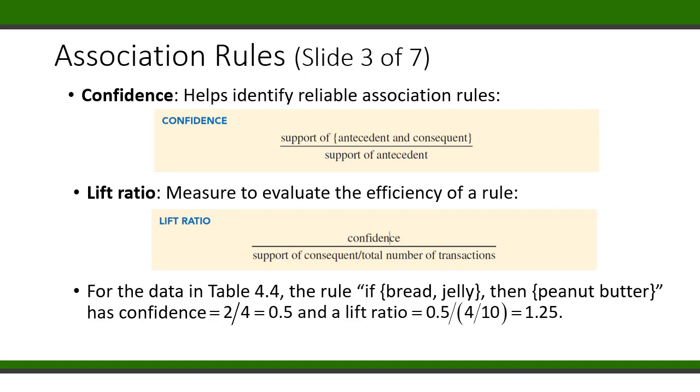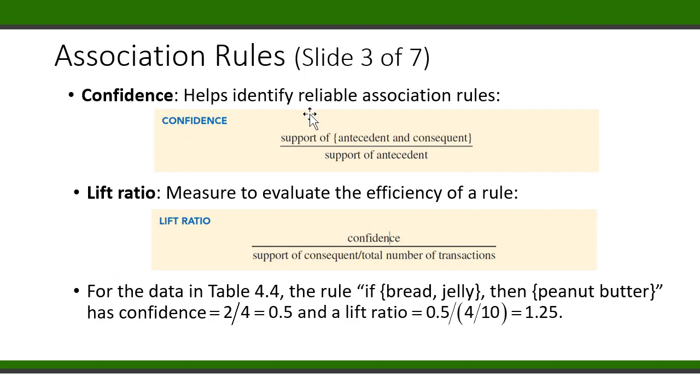Another way of looking at that is, if we identify customers who purchase both bread and jelly as ones who also purchased peanut butter, it is 25% better, that's the 1.25, than just guessing that a random customer purchased peanut butter. So that's the usefulness of this rule.